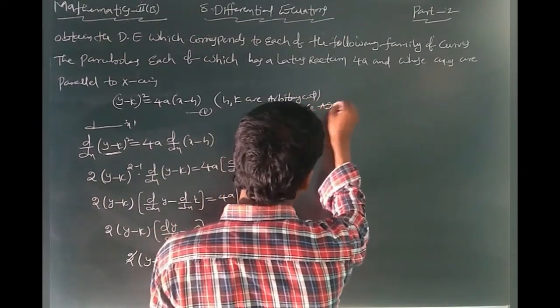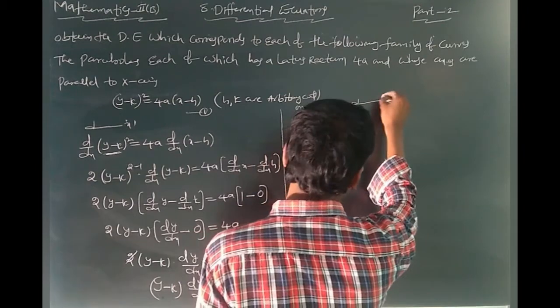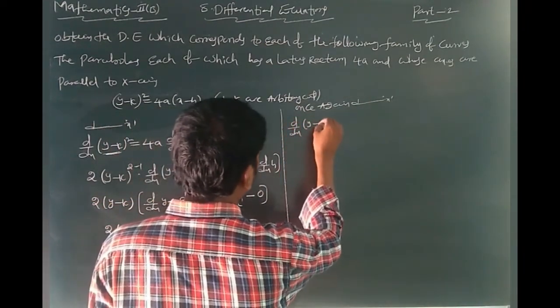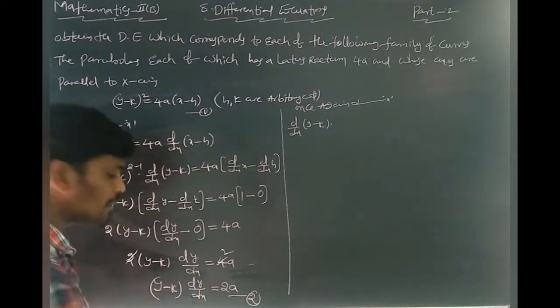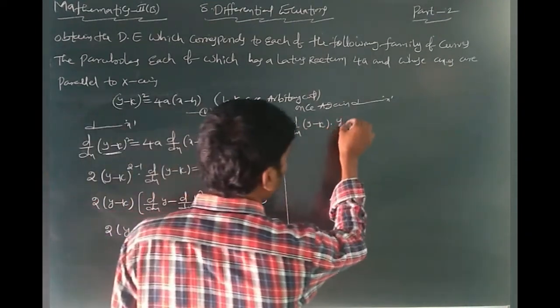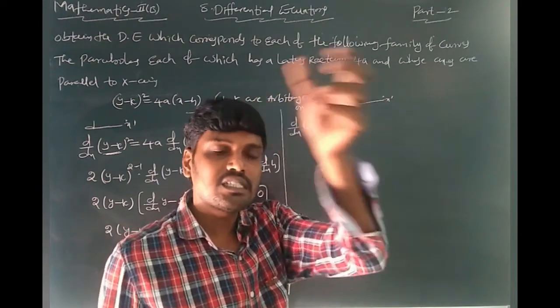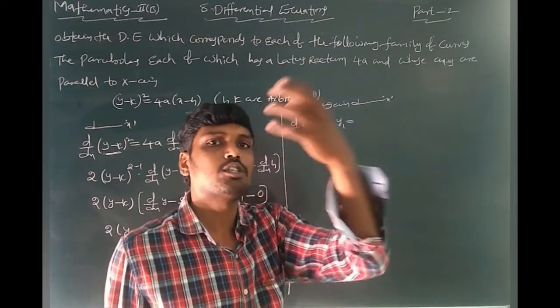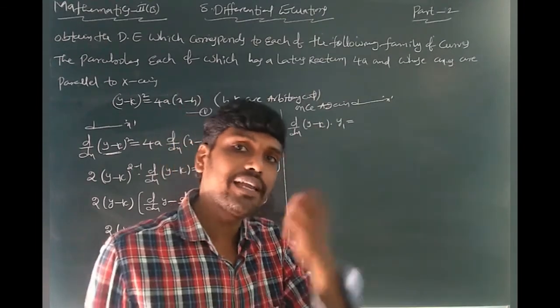After that, take the second derivative with respect to x. What do you get? d by dx of y minus k into dy by dx, which we can write as y1. Correct or not? Differentiation was explained in an earlier chapter. The derivative of y, dy by dx, we can also write as y1 or y dash, either one.